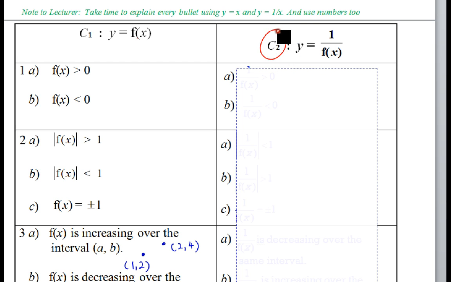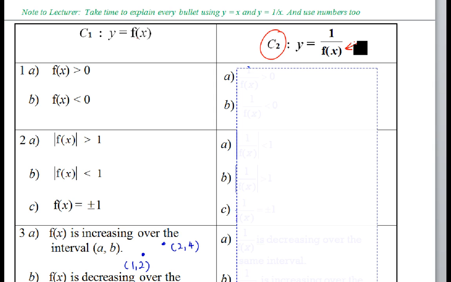Let us not forget that C2 is actually taking the reciprocal of all your y coordinates. If you think about it like that, then all the points actually make perfect sense. There is no need to memorize.